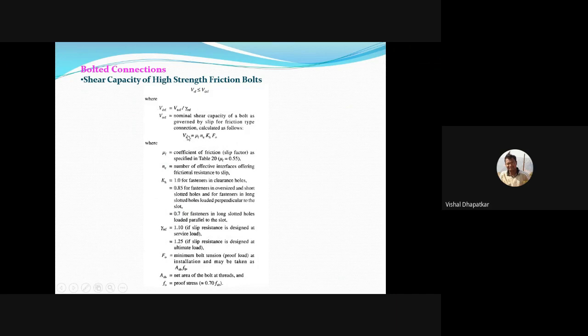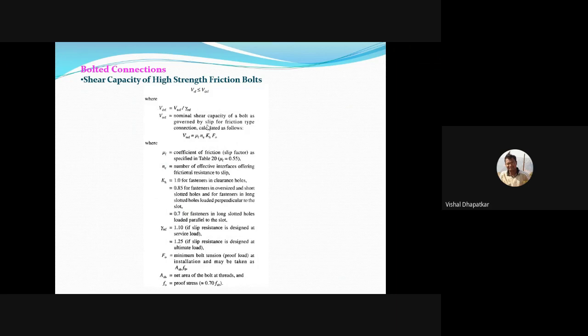So by this we'll get the shear capacity of the bolt, and in this case there is only one shear capacity. In case of bearing type bolts, we had two types of capacities: one is shear capacity, the other is bearing capacity. In this case, since it is only a friction type of bolt, where the load is transferred through friction, not through bearing, we have just calculated the shear capacity of the bolt.